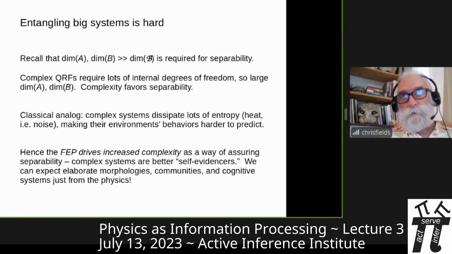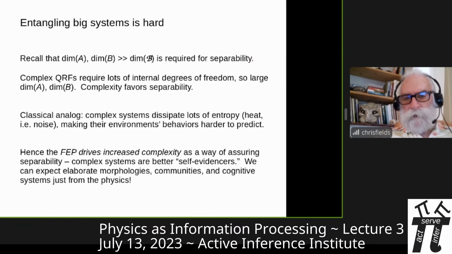The FEP is driving systems to maintain their separability, but it's also driving systems toward entanglement. And as the system becomes more and more complex, the difference between those two outcomes becomes larger and larger.